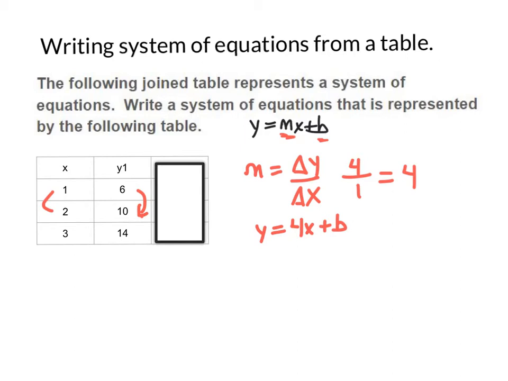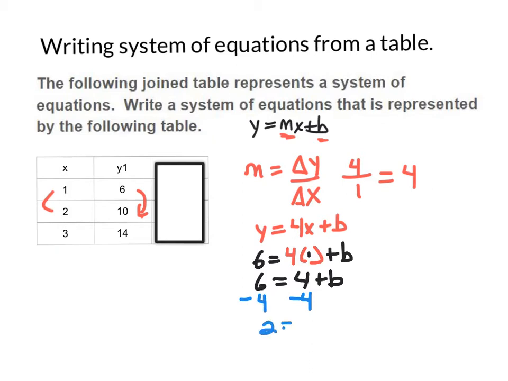So now we're going to say 6 equals 4 times the 1 plus b. Well, 4 times 1 is 4. We add b. We're trying to determine b, so we want to get b all by itself, so we're going to have to subtract 4.